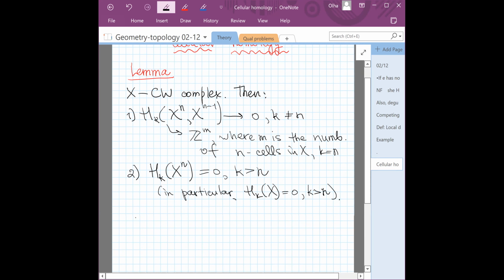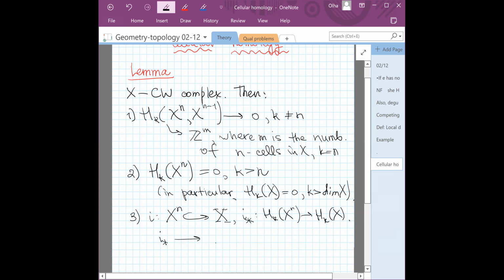And then the last thing in the lemma is that if we consider the inclusion from X_n to X, I guess here we should write dimension of X. Consider the inclusion from X_n to X, and that's going to induce the map i star from H_k of X_n to X. Then here's what we know about i star.